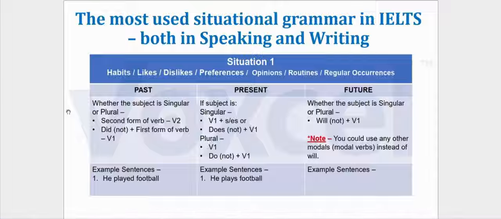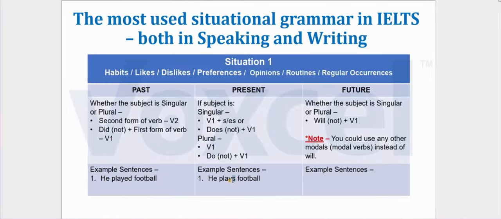He, if you remember, is a singular subject, so with a singular subject we use s. Clear? Here it is the second form of play. And with future, he will play football. We have seen that for future we use will, so here we have used will. I hope it is clear.